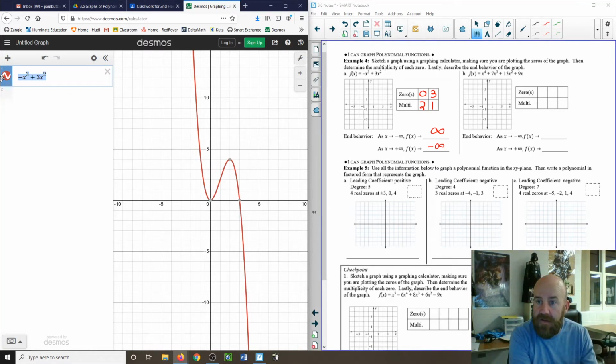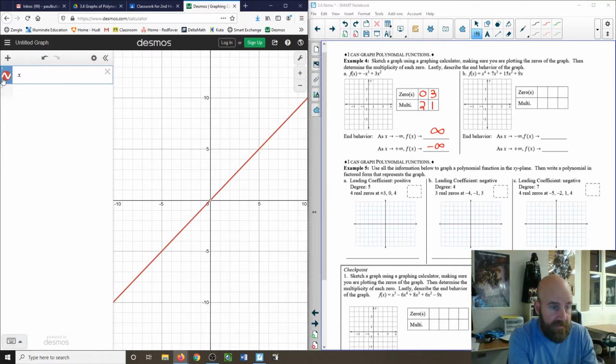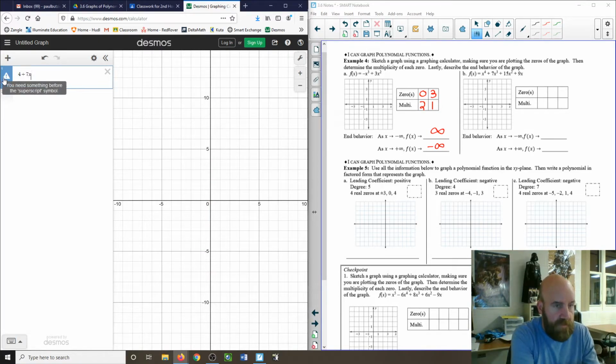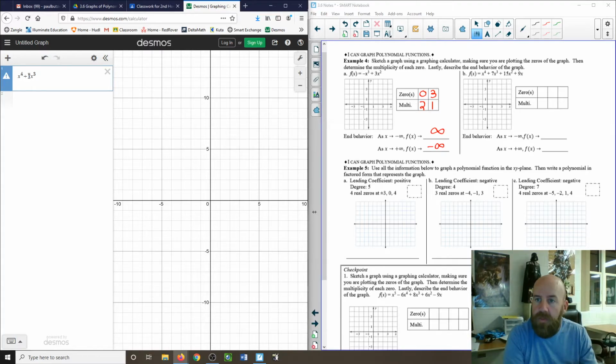All right, let's take a look at the next graph here. I'm going to get my x to the 4th. There we go. All right, plus 15x squared.